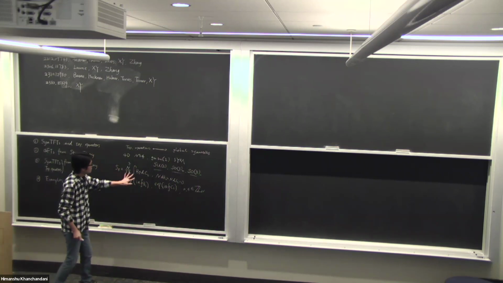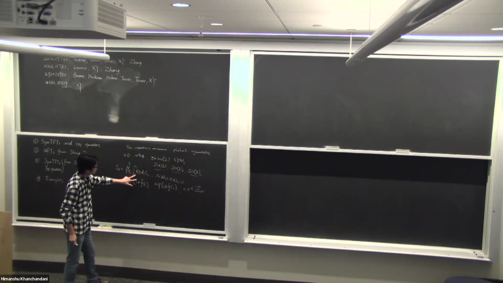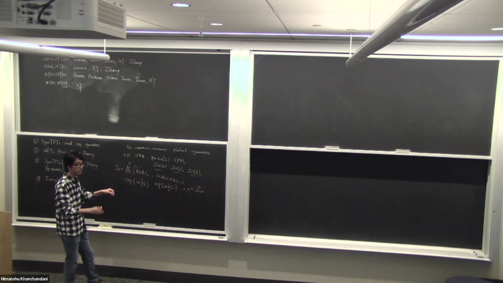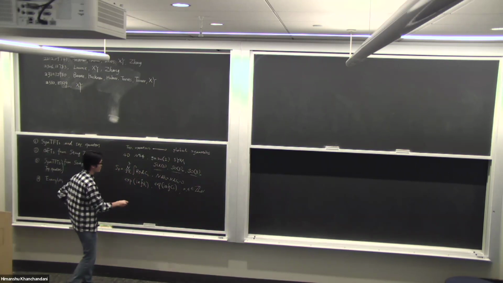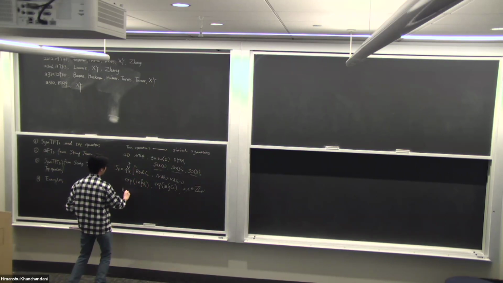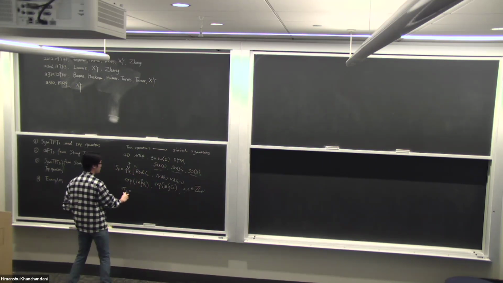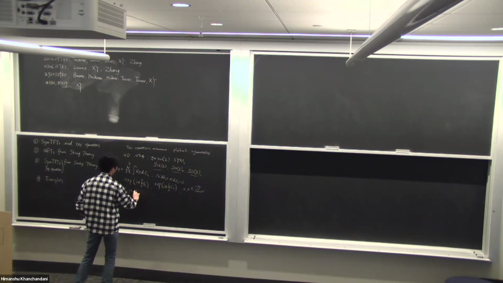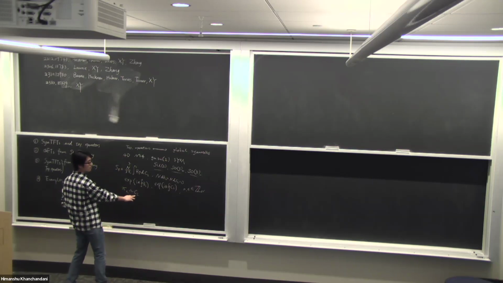And then I can try to do something very similar to quantum mechanics, because a TFT is basically some version of quantum mechanics, right? You will realize that if I write down the canonical conjugate momentum of this B2, it's the C2 field, maybe up to some factor.